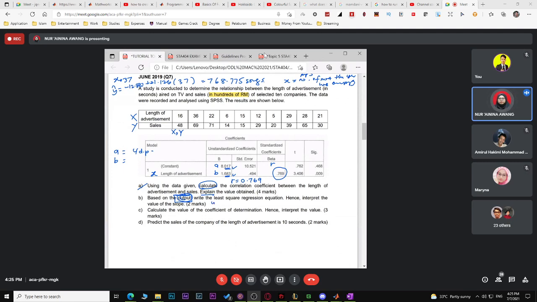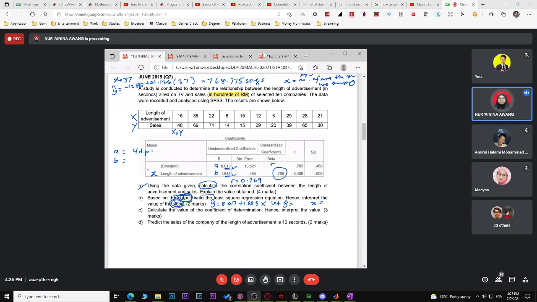So macam biasa, just write the equation and then don't forget to let your y and also your x. Okay, so in this case, your y is the sales and the x is the length of advertisement. Okay, and then jangan lupa interpret your slope.